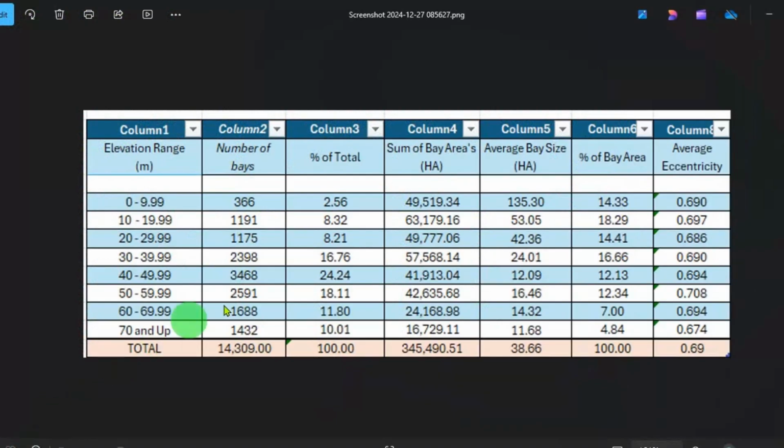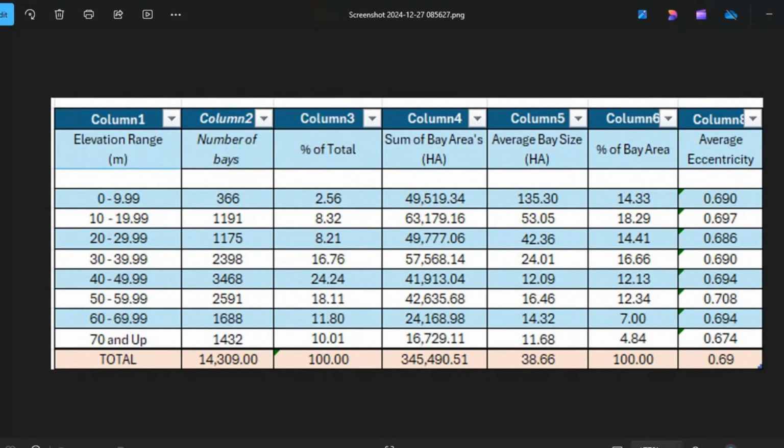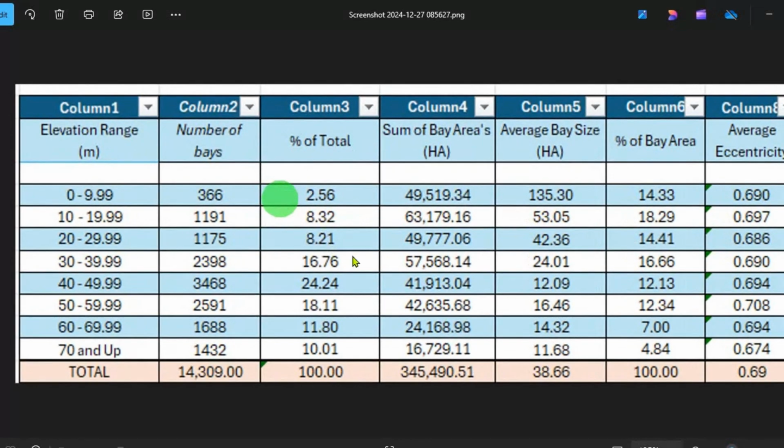numbers. Let's take a closer look now at the summarized data from what we just looked at. So in here I have my elevation ranges and the counts and the percentages of the totals. That's all the stuff I verbally said.